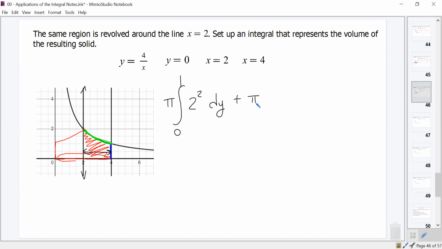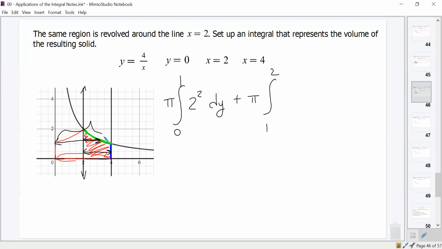And then we'll add to that pi times the integral from 1 to 2 of the distance from x equals 2 to the function. And you might be tempted to call that a distance of x, but we have to remember that x is always measured from the y-axis all the way over to the function.